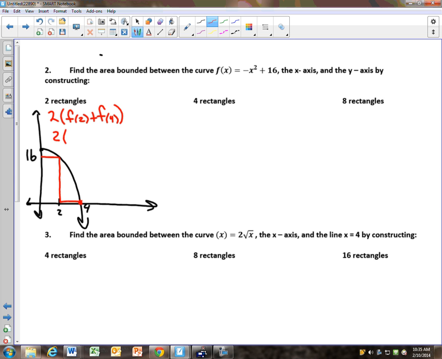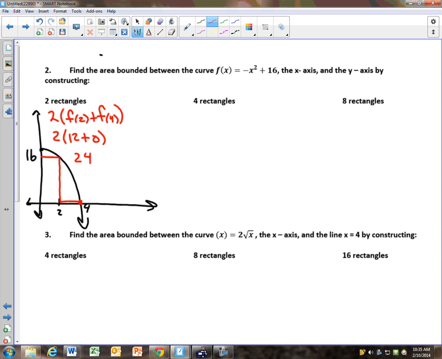What is f of 2? What's f of 4? 0. So you get 24.